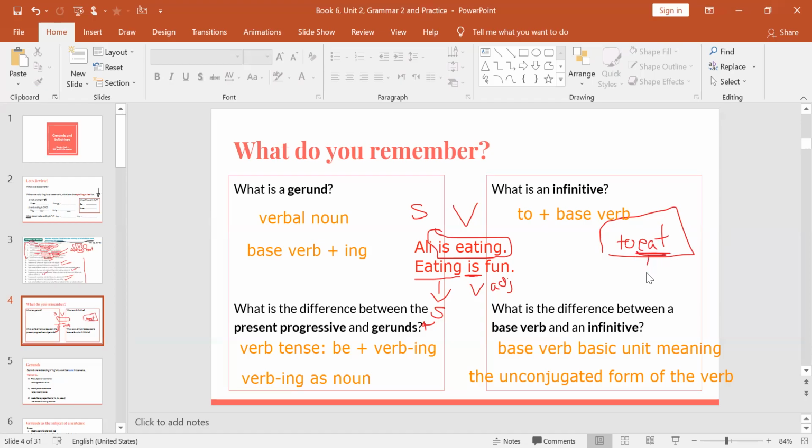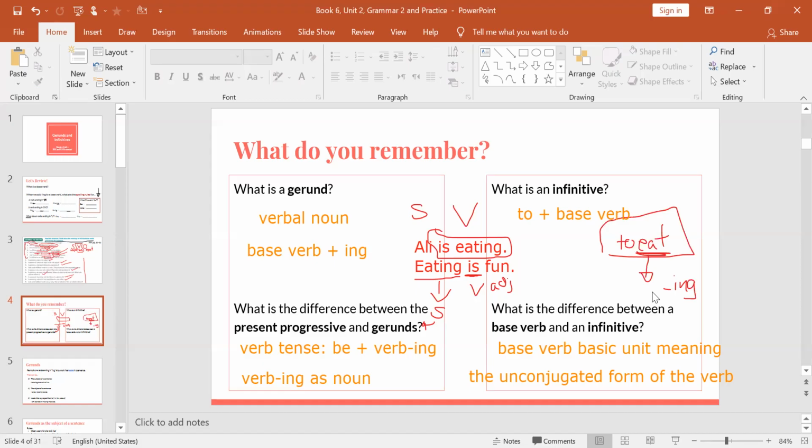That's the base verb. And we take this out and we add suffixes like ing and other suffixes to change the meaning or the tense or the aspect of the word. But "to eat" is this unconjugated form of the verb, usually the second verb when you have a compound verb structure. I like to eat.